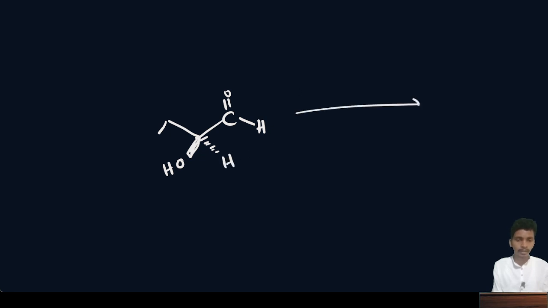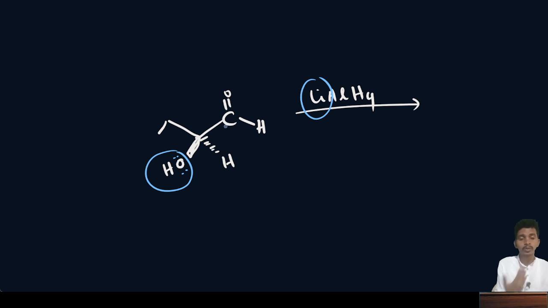Now we are giving lithium aluminum hydride. So now we will look at whether all the conditions of Cram's chelate model are applicable here or not. First, the metal should show chelating properties. Lithium shows chelating properties. The second condition is that the Z group has an unshared lone pair, and it is there. So we will use Cram's chelate model, not Cram's model.